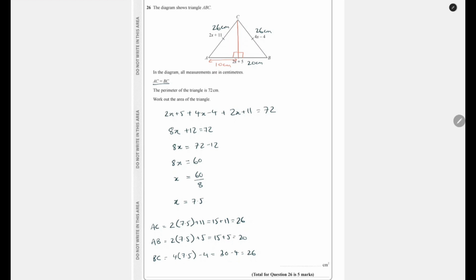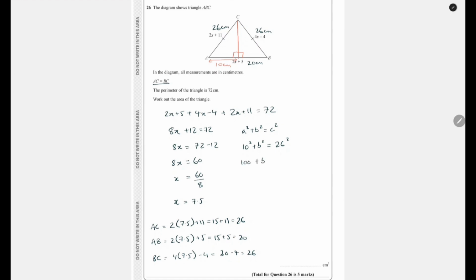And so Pythagoras' theorem says a squared plus b squared is equal to c squared, and c is the hypotenuse, in our case 26. If we let a equal 10 centimeters, so 10 squared plus b squared, which is what we don't know, is equal to 26 squared.